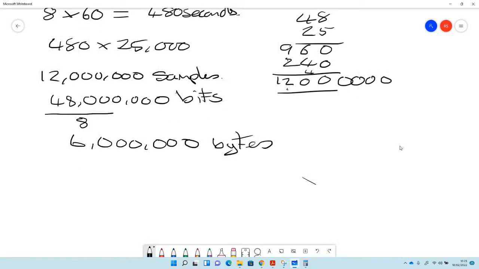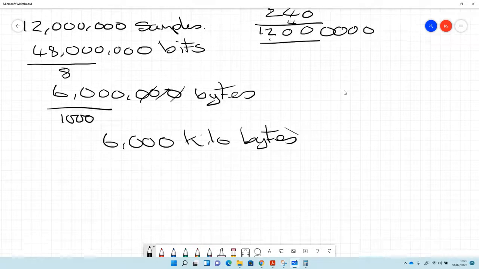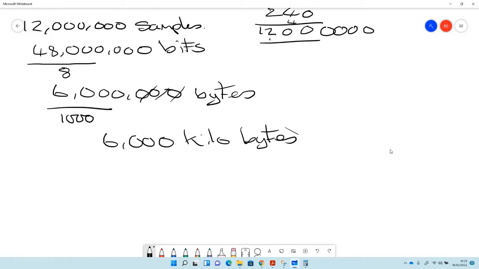So if we divide 6 million by 1,000, so we're going to knock off three noughts there, we end up with 6,000 kilobytes. So we're getting closer. So then to get from kilobytes to megabytes, we need to divide by 1,000 again.